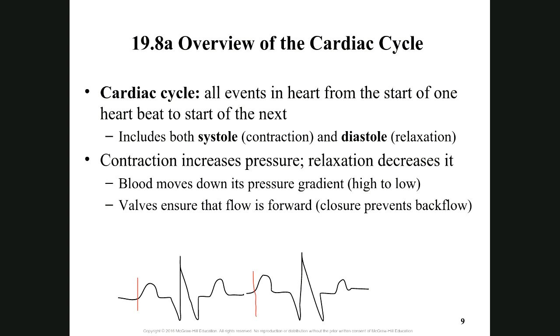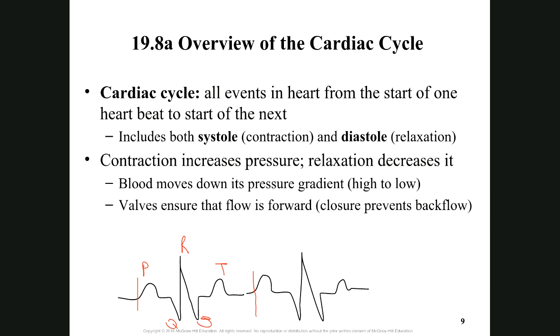In this cardiac cycle, you know that we have P wave, we have Q, R, S complex, and after that we have T wave. It includes the contraction and relaxation.